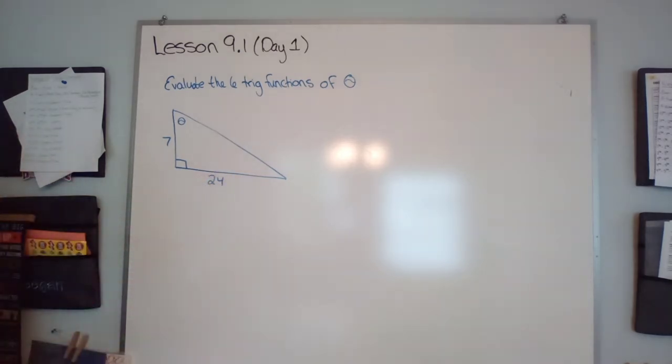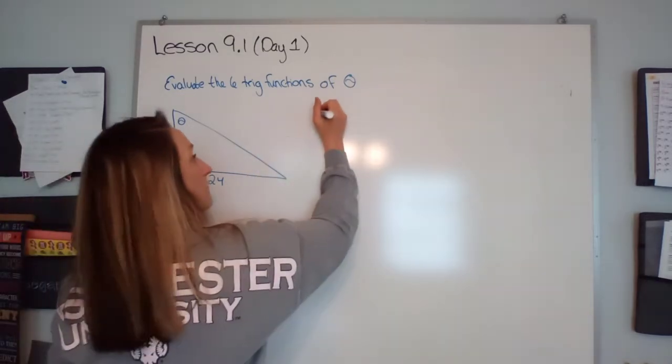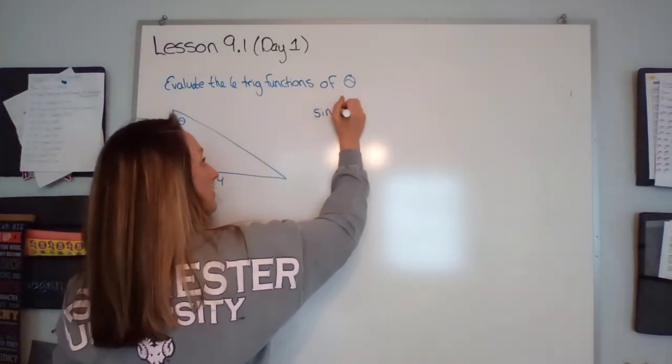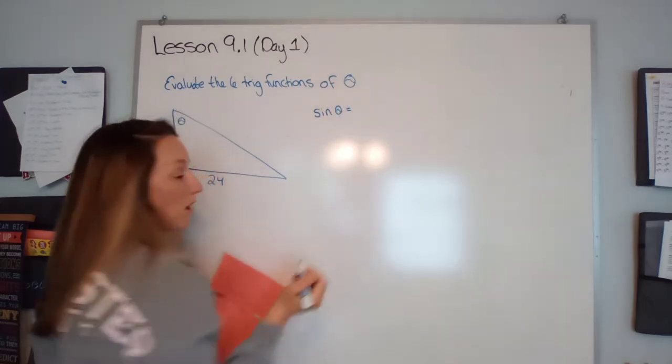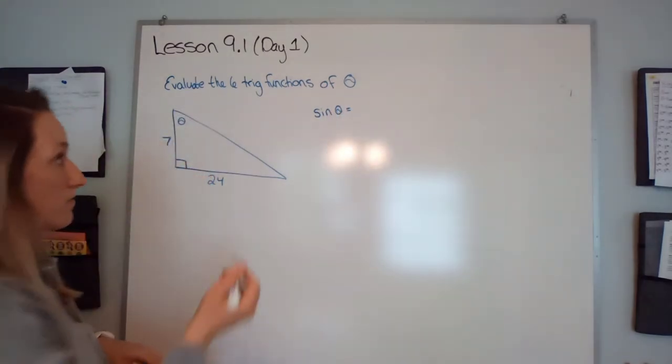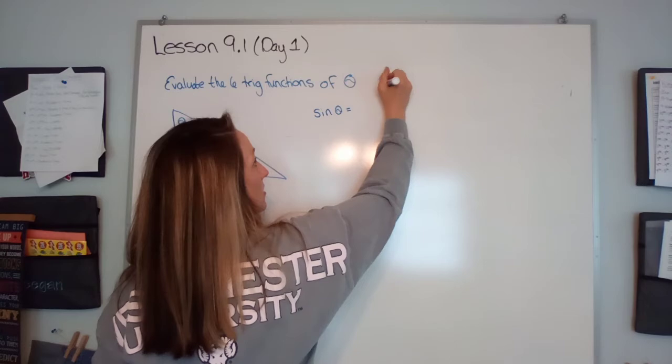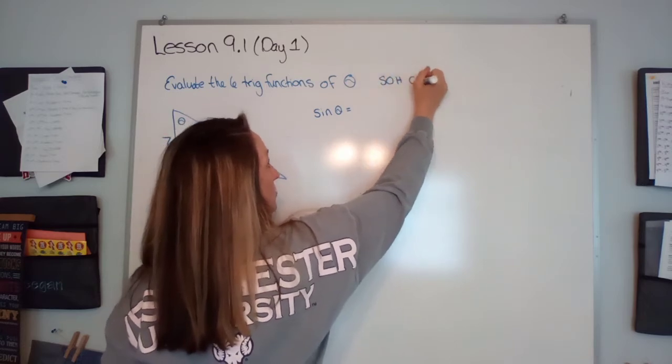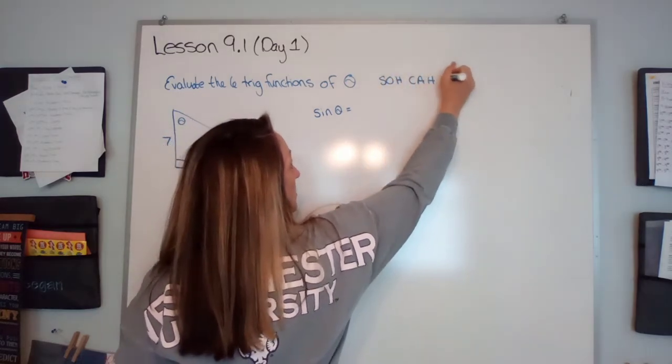If I ask you to evaluate the six trig functions, I'm asking you to set up sine, cosine, tangent, cosecant, secant, and cotangent. We'll write them out first. Sine of the angle. You can always write SOHCAHTOA right on the top of your page somewhere to help you remember how to set up the trig ratios.